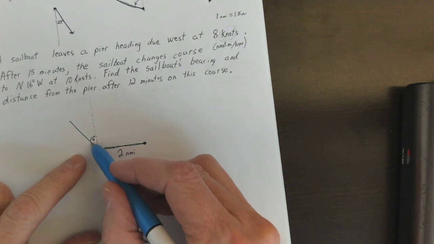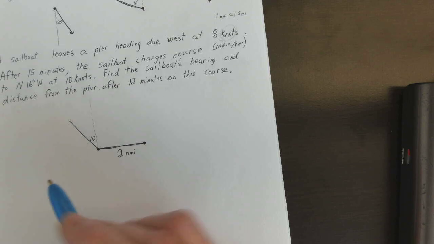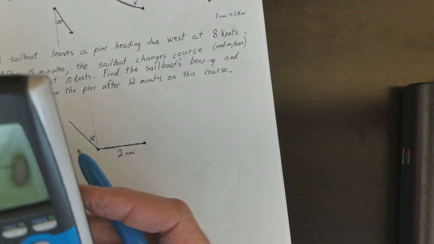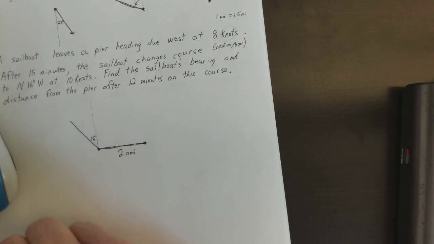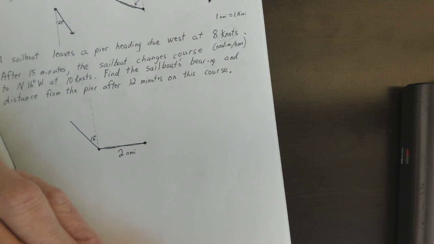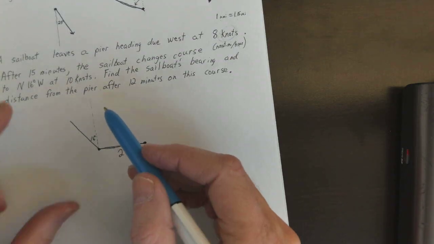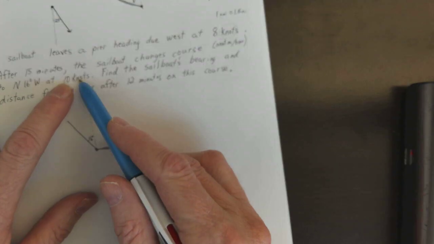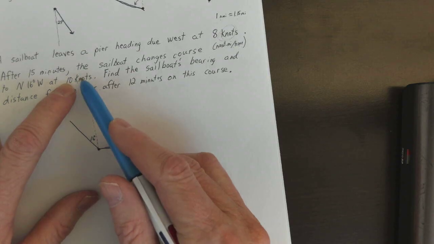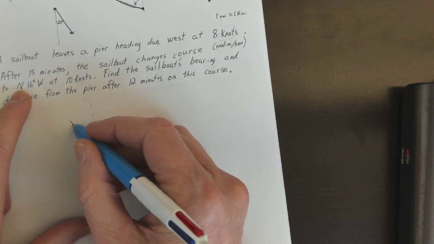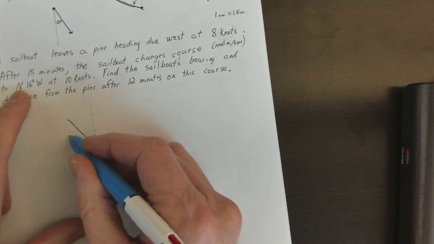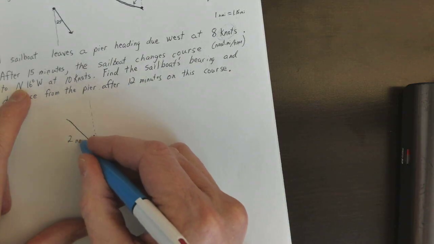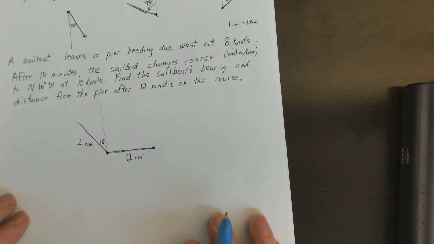All right, so 12 minutes here. Now, 12 minutes is 1/5 of an hour. So in an hour, they go 10 nautical miles, and 1/5 of that is another 2 nautical miles.